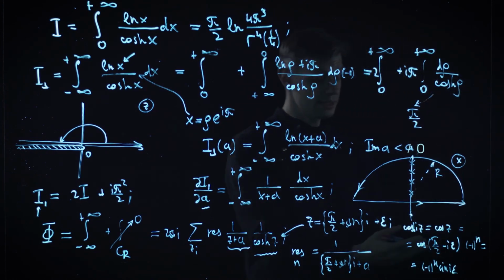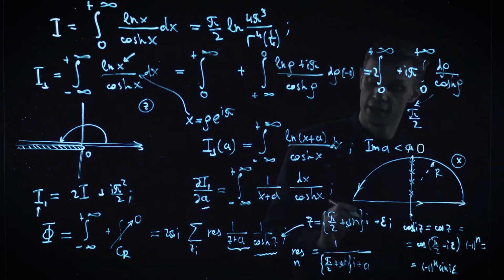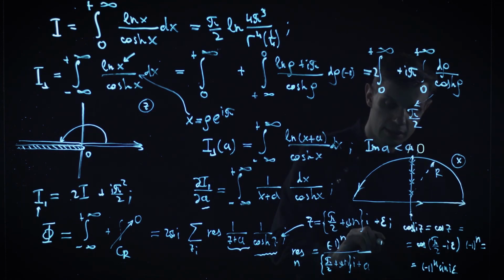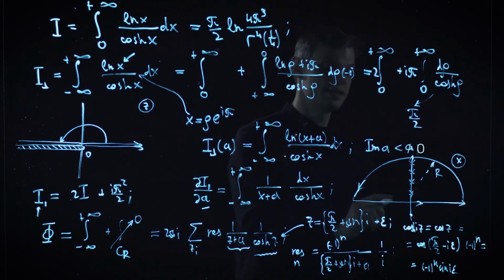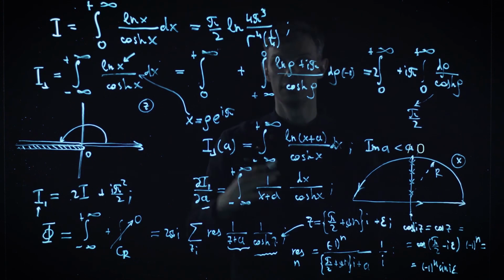And once you analyze the behavior of this denominator, you immediately arrive at the conclusion that the residue is (-1) to the n divided by I. Now we know the residues, and we can write down the answer for this integral in terms of the following infinite sum. The sum of all the residues stretching from n equals 0 to plus infinity. So let's switch to the next slide to see how it comes about.